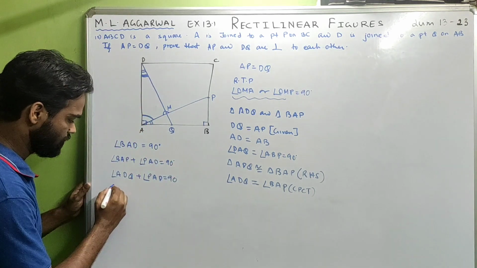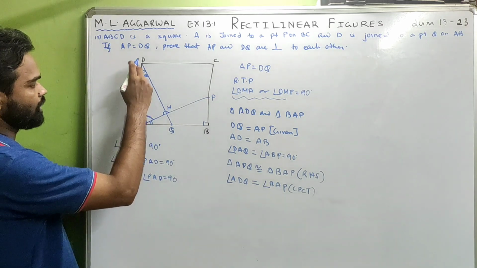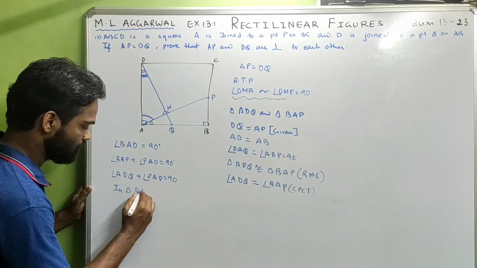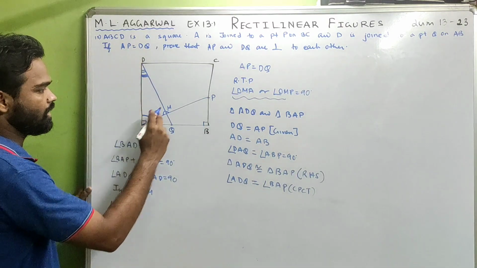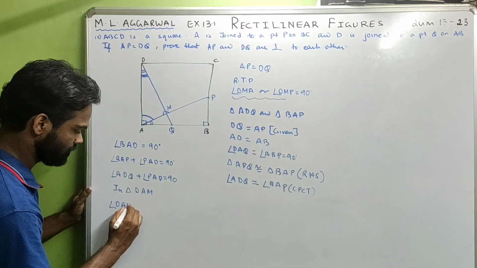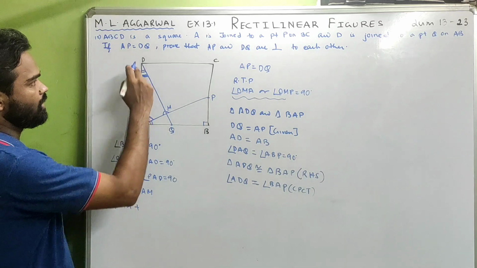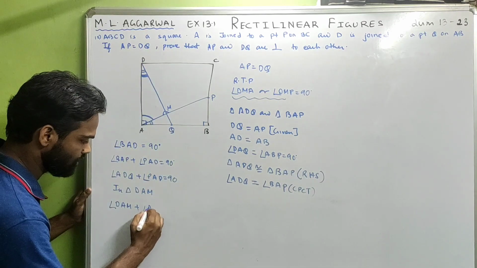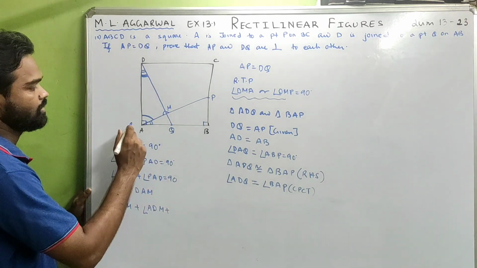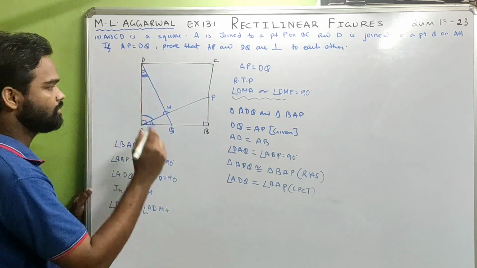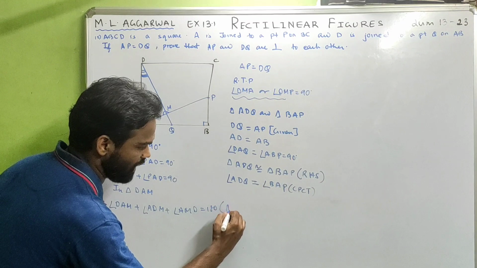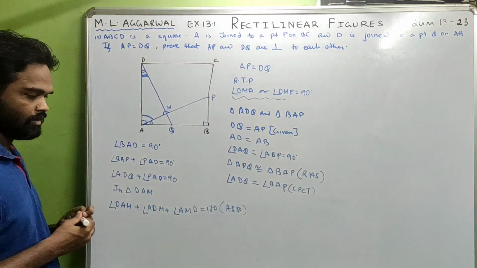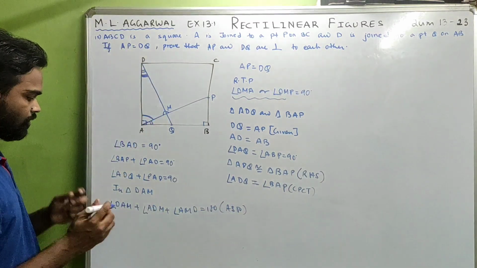Now look, in triangle DAM, angle DAM plus ADM plus AMD is equal to 180. That's the angle sum property, isn't it? Now look carefully.